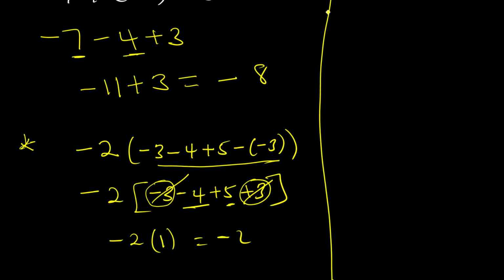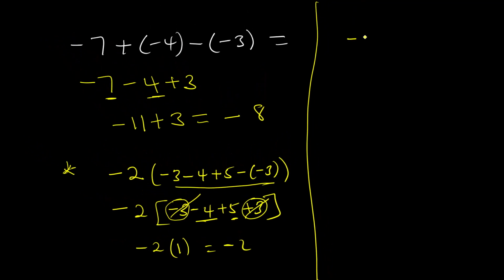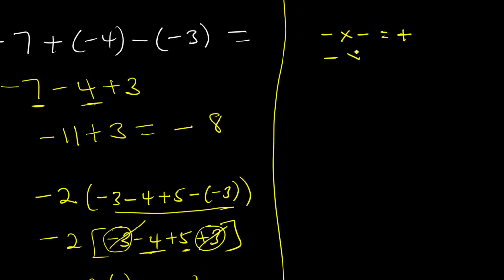Now, with the next thing, let's understand this. In case you are to multiply two negative integers, negative times negative, you end up getting plus. Negative times positive gives you negative. Positive times positive is still positive.